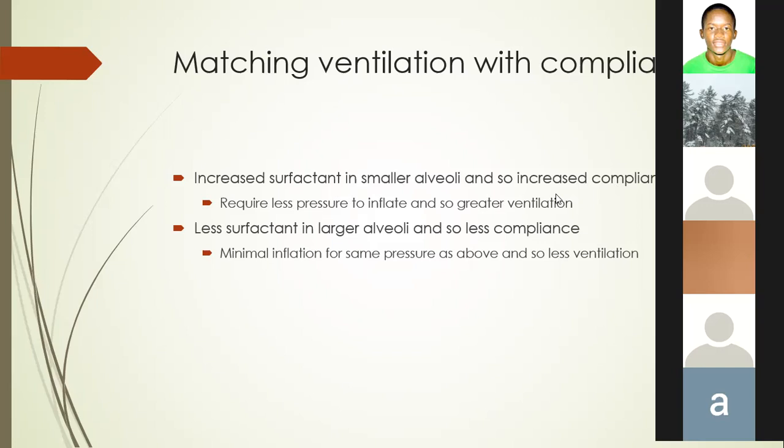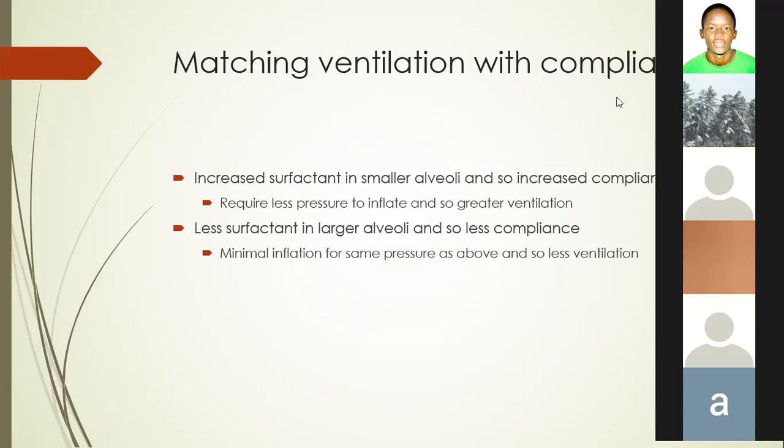For every one inhalation, when the pleural pressure pulls away the lung, it is pulling away both the large and the small alveoli. But because the small ones have a greater compliance, they are going to increase in volume much more than the larger ones. Why? Because the larger ones have less surfactant and less compliance.